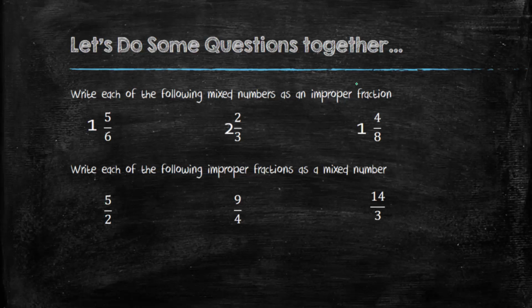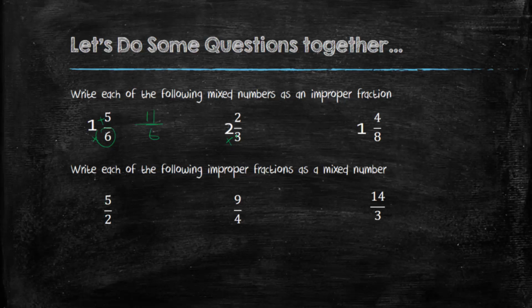Okay, so let's do some questions together. Write each of the following mixed numbers as an improper fraction. Okay, well, how do you do that? We take the denominator, multiply by the whole number, and then add the numerator. So 6 times 1 is 6, plus 5, 11 over 6. Okay, let's do this again.